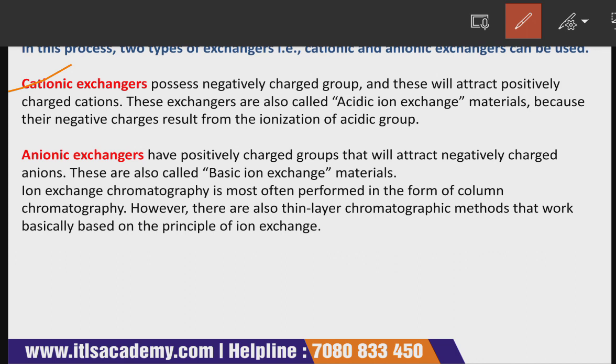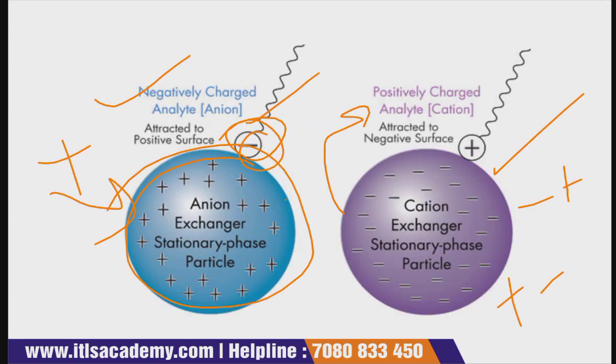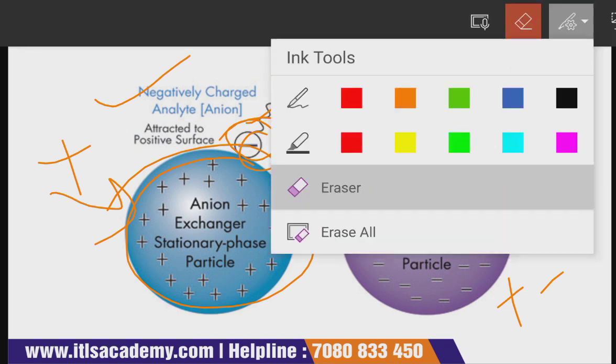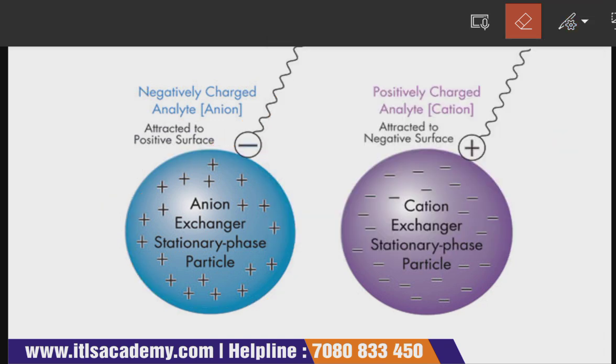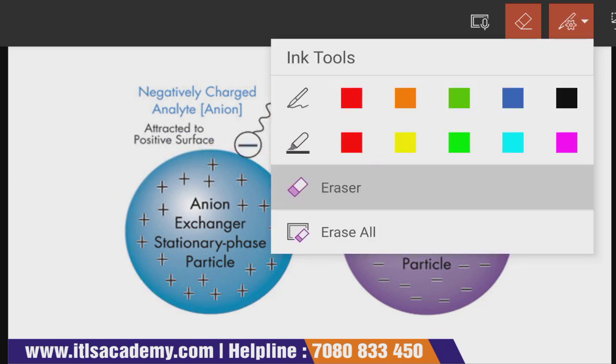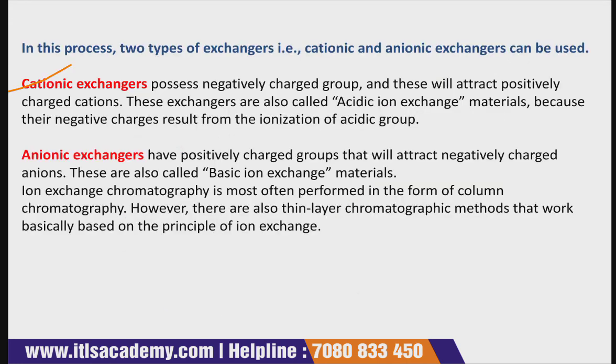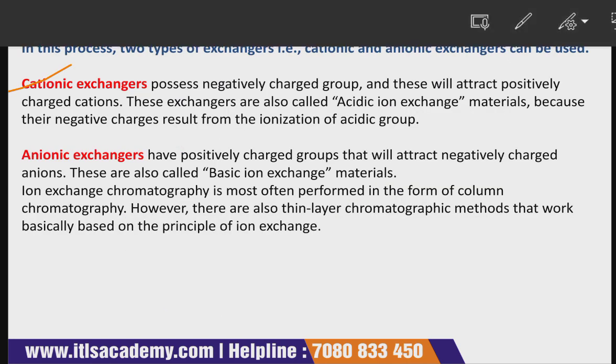Cations are negatively charged and anions are positively charged. I am just writing it here so there is no confusion.